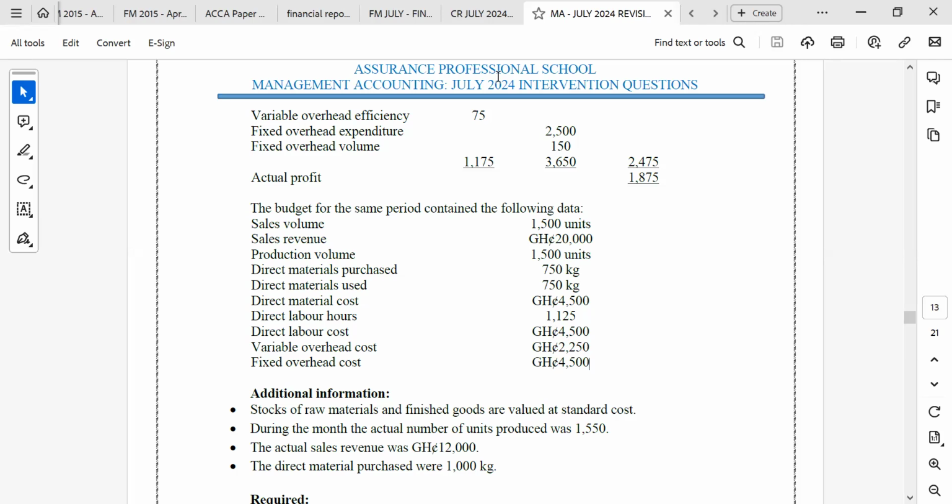If it is given in relation to the advanced variances, you have to know how to calculate those ones. So ask yourself, if they are asking me for actual quantity or actual material quantity, which of the formulas can I find it in, or actual quantity is used to calculate which variances.